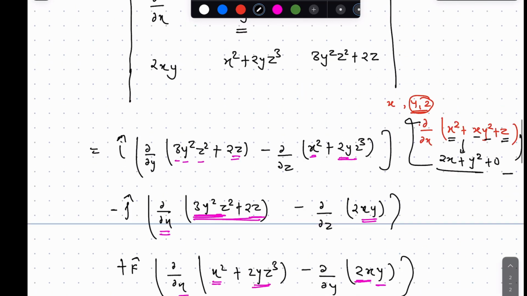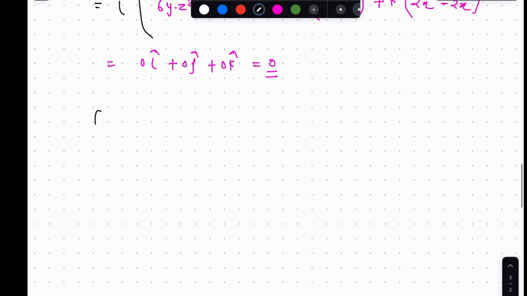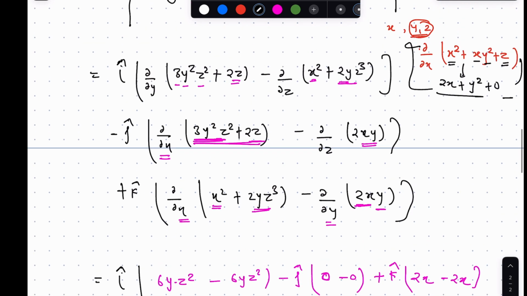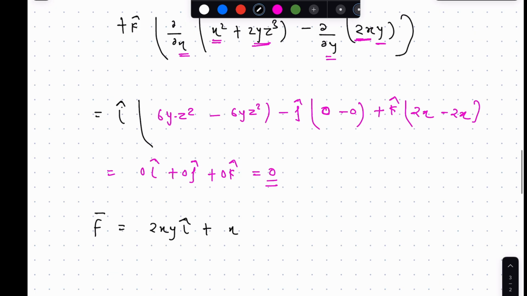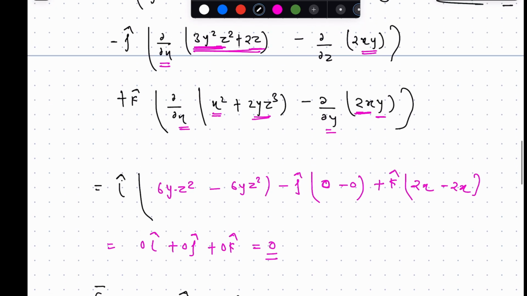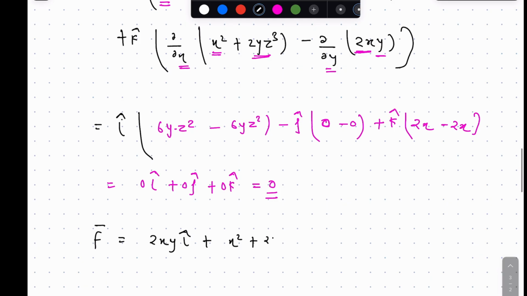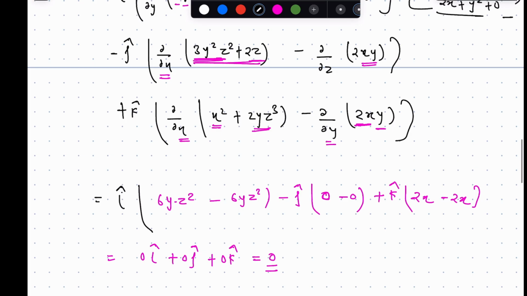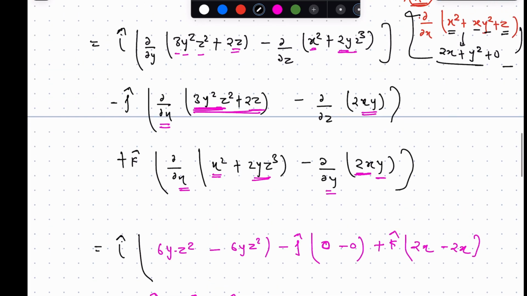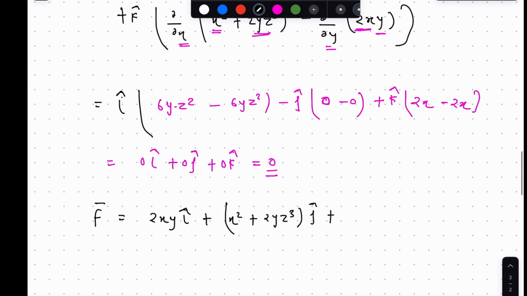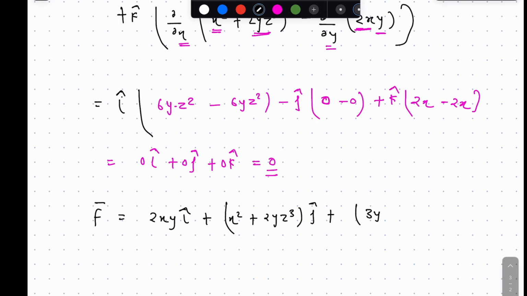Think about it. If I just say that the F vector is given as 2xy i cap plus x square plus 2yz cube j cap plus 3y square z square plus 2z k cap.